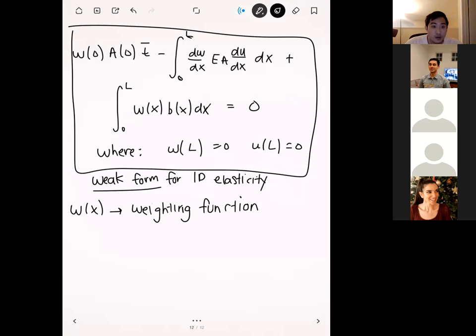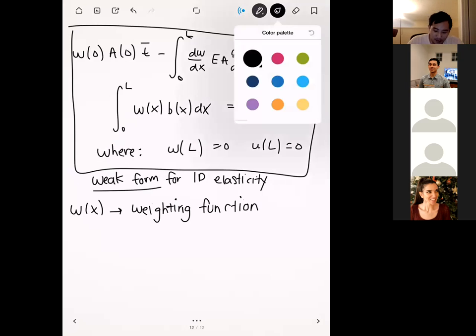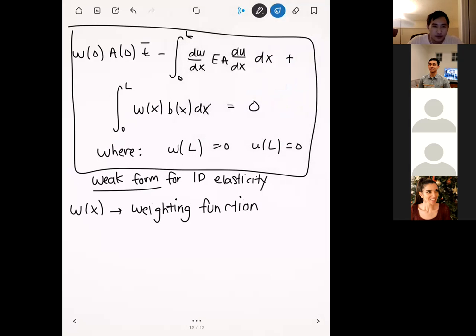It basically is going to help us, you can almost think of it as balancing the weight of the derivatives. And so the key point of the weighting function is this guy.